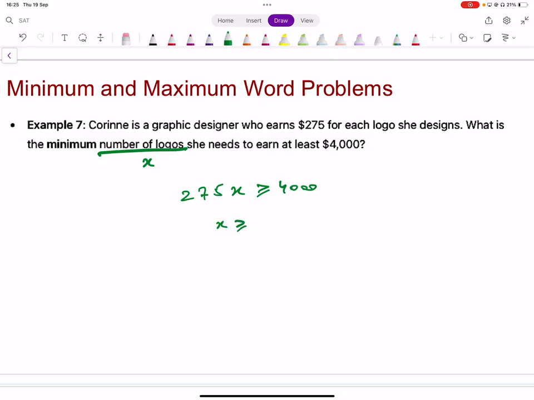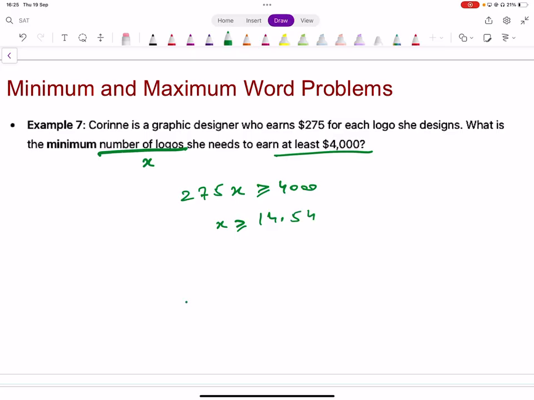4,000 over 275, what's that? She wants to earn at least 4,000. So that means equal to or greater than 4,000. What's this number? 4,000 over 275? 14.54.